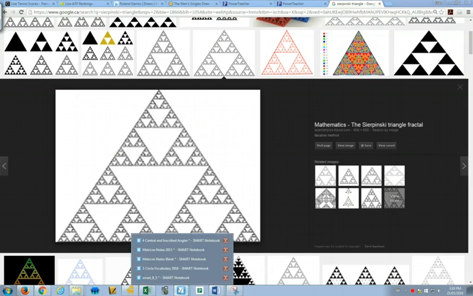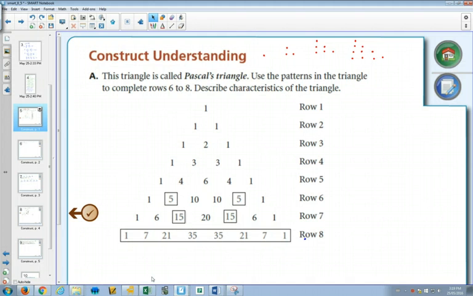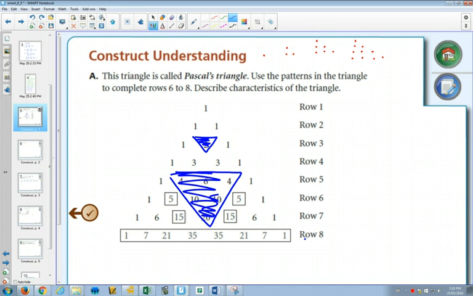How do we see Sierpinski's triangle in here? Well, you can find it by shading in all of the even numbers. If you want to be even fancier, you can shade them in with a triangle. And if you would keep going with this, it would create a bigger and bigger Sierpinski triangle.